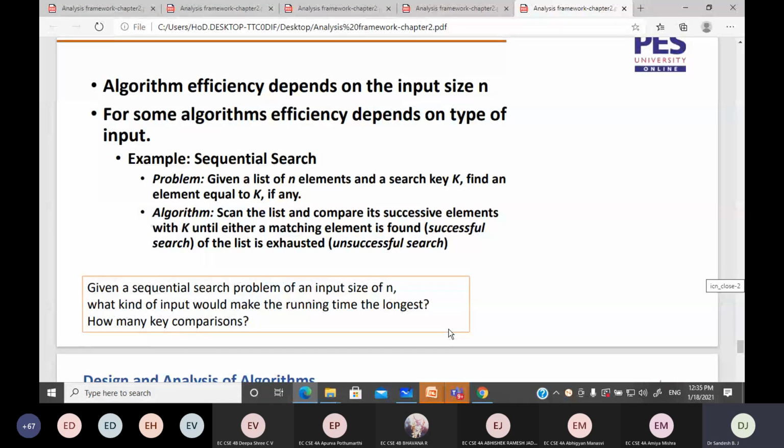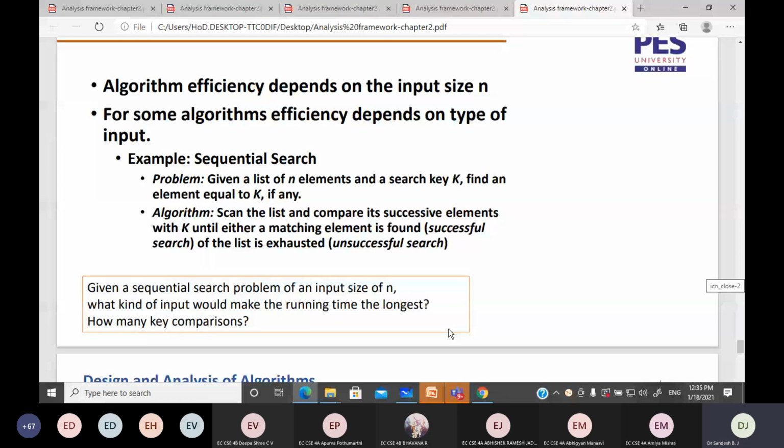That means time efficiency does not only depend on the input size n, it also depends on the specifics of the instance. You may find the key in one iteration or in n iterations, depending on whether the key exists at the last position or does not exist.